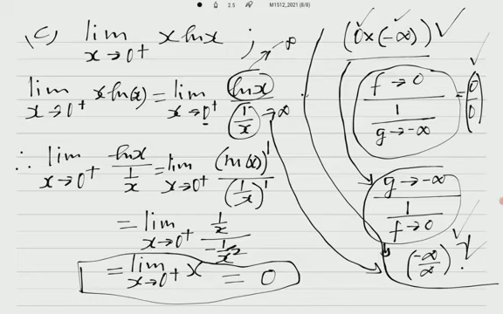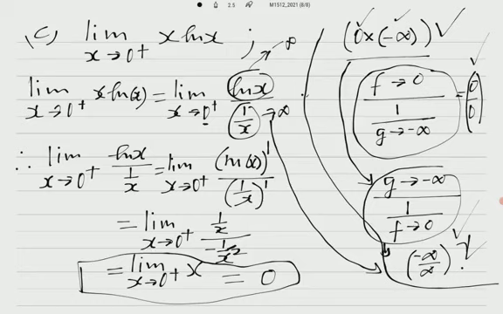Wow, that's very interesting. It has given us a new way to look at this indeterminate form.